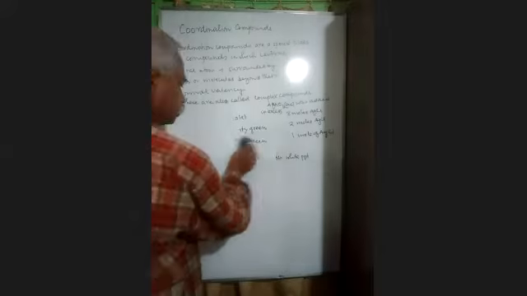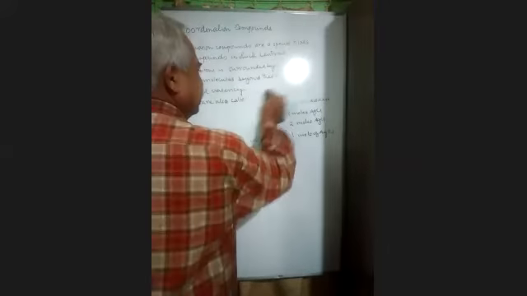Now let's see how this compound formation takes place. See, suppose in a beaker we have taken ferrous cyanide.